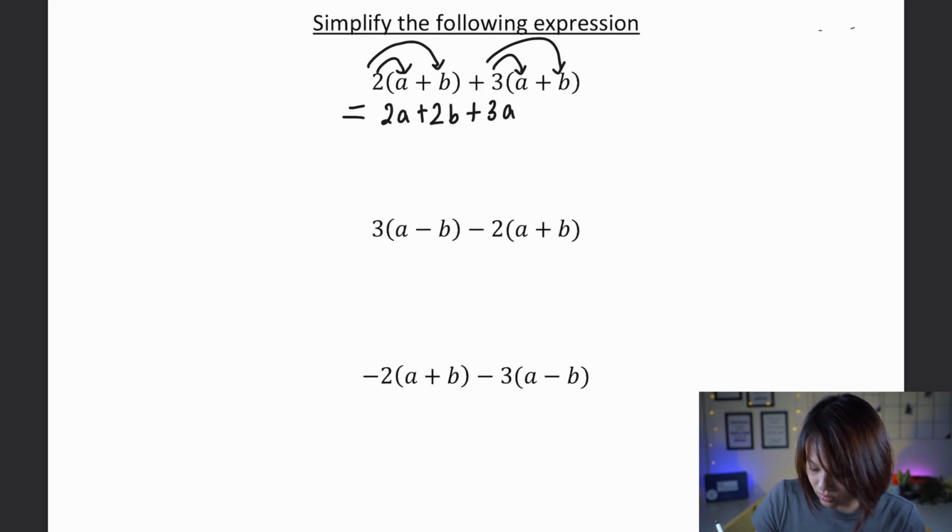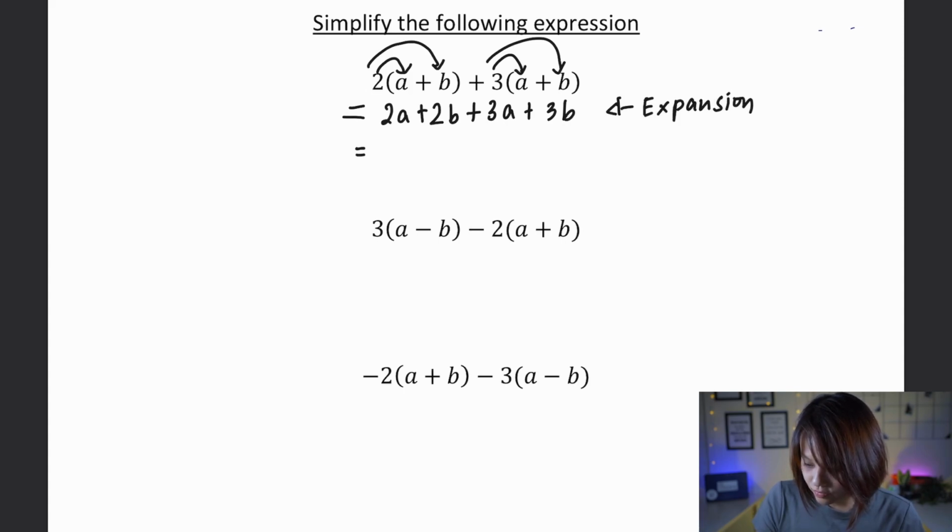After we expand, this step is what we call expansion. The next step we will simplify. I prefer that you simplify directly, so it's faster and easier. I'll underline the terms that I'm collecting. So what I have here is 2a plus 3a, which gives us 5a. And then 2b plus 3b, which gives us 5b.